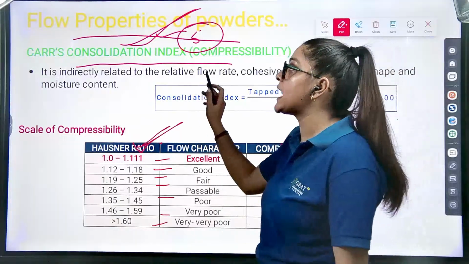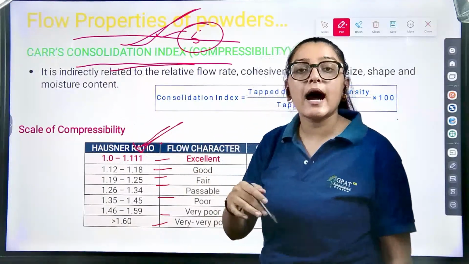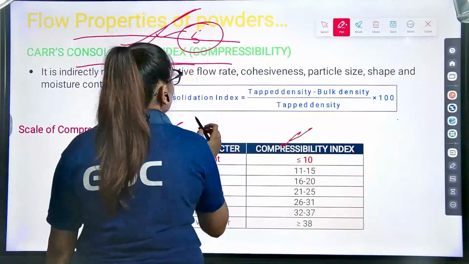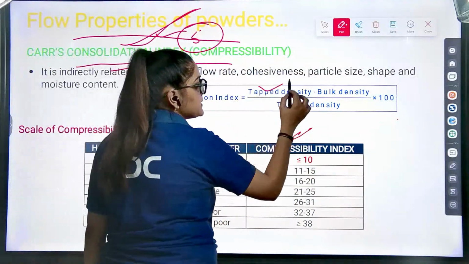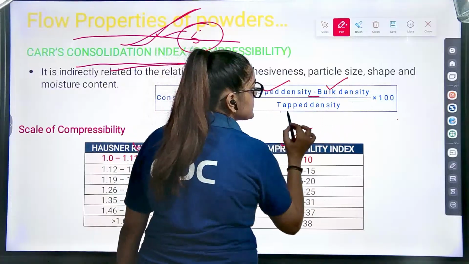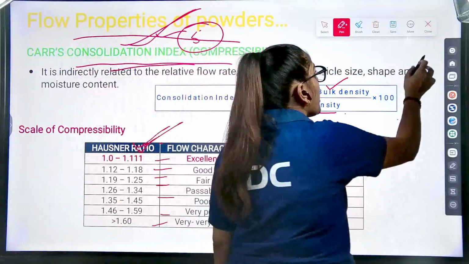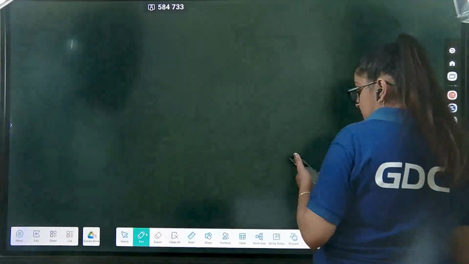Number one is the Carr's index method. Carr's index method is based on the determination of tap density minus bulk density upon tap density into 100. Let's see how you get these tap density and bulk density.